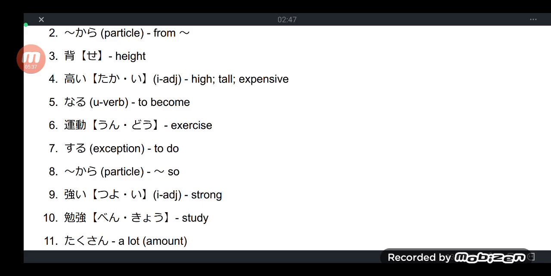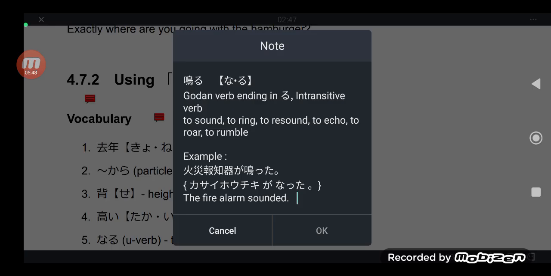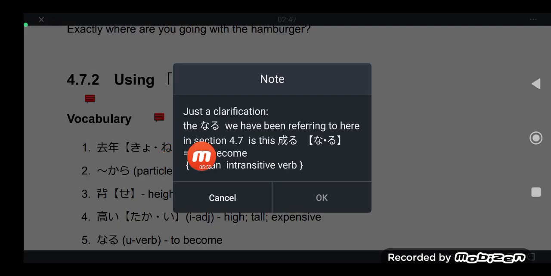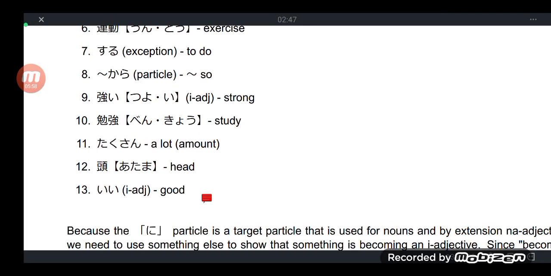And we have here, you can see in number 5, naru, but the naru we are talking about here is not the naru here, but rather this kind of naru. Okay, so please just screenshot this vocabulary, minasan.